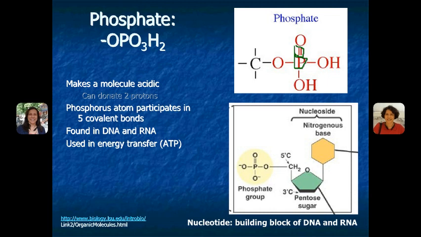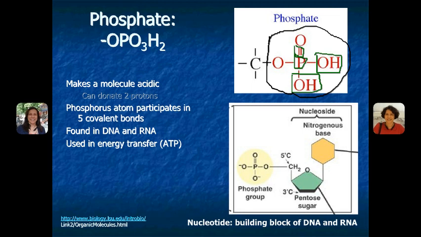Notice that the phosphate functional group includes 2 hydroxyl groups, OHs, but again, remember that the functional group is considered a unit, so the phosphate group includes all of these.